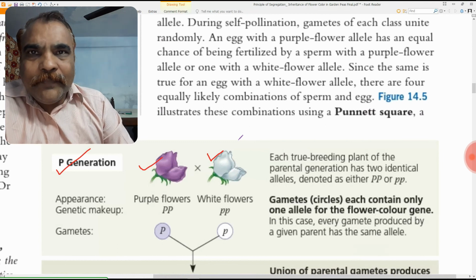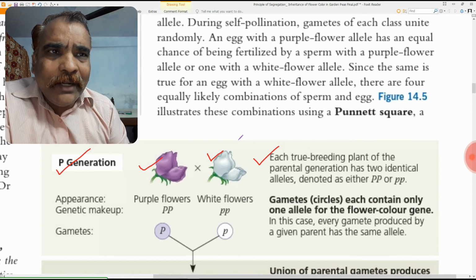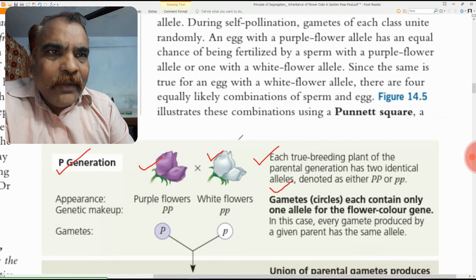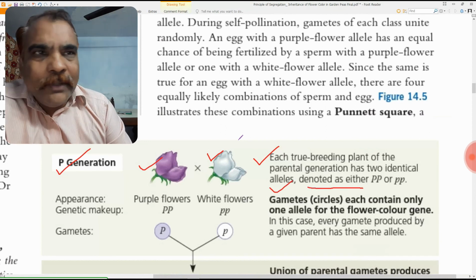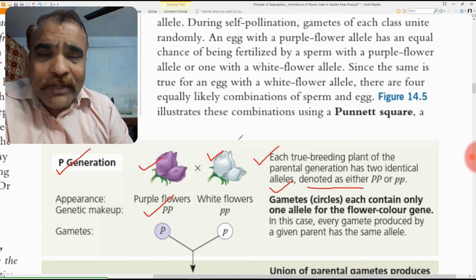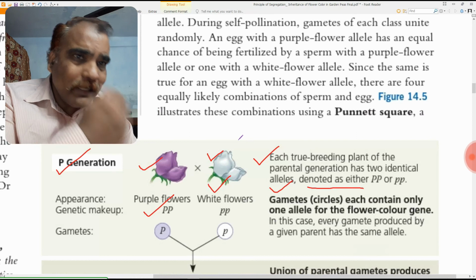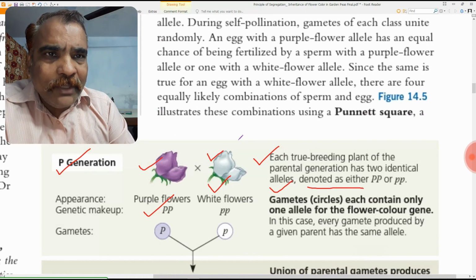As you can read here, each true-breeding plant of the parental generation has two identical alleles, denoted either capital P or small p. The purple flower has two dominant alleles, capital P, and the white flower has two recessive alleles, small p.